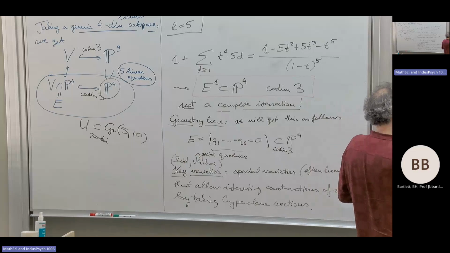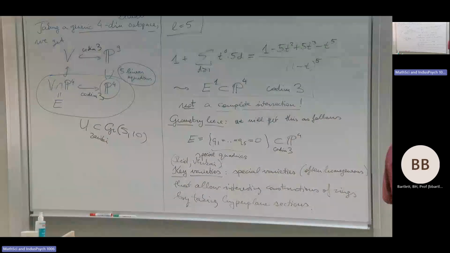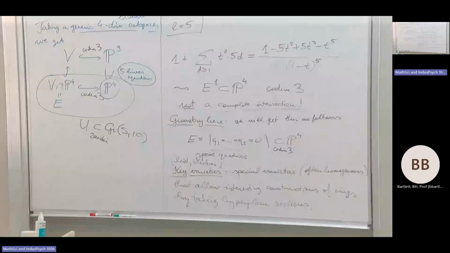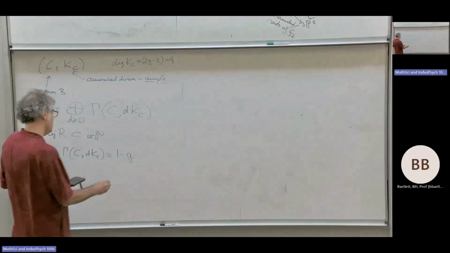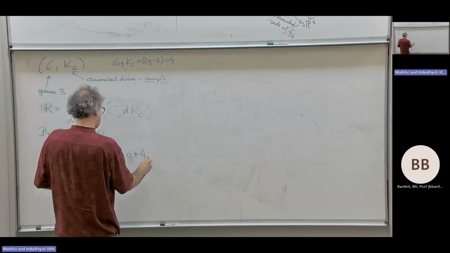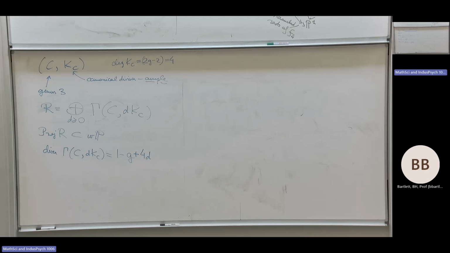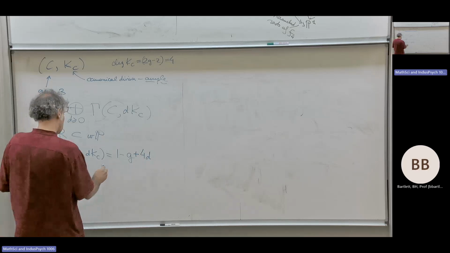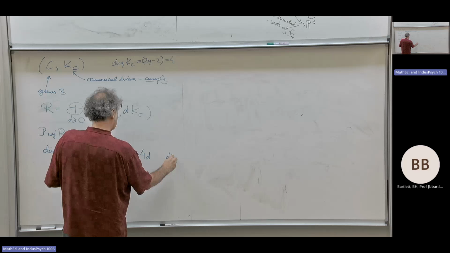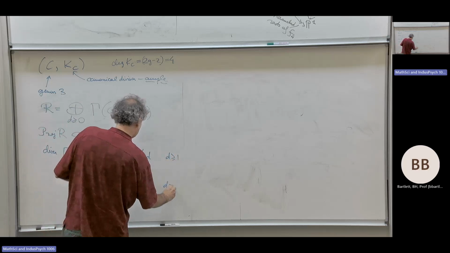So now I open my Riemann-Roch, and Riemann-Roch is going to say that the dimension of the space of sections on C of d times the canonical class is 1 minus g plus the degree, and the degree is 4d, if d is greater or equal to 1, or it's 1 if d is equal to 0.